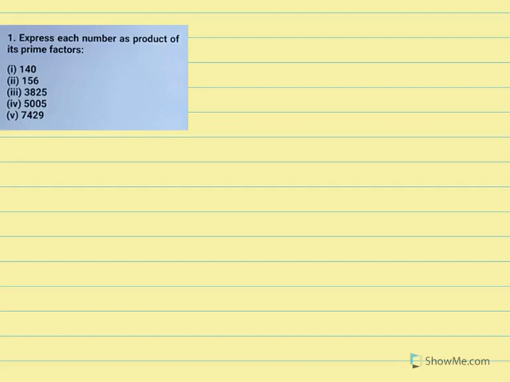Express each number as a product of their prime factors. The first one is 140. So we take 140 and we start dividing. So we have 140 divided by 2, 70 divided by 2 again, 35 divided by 5, you get 7.